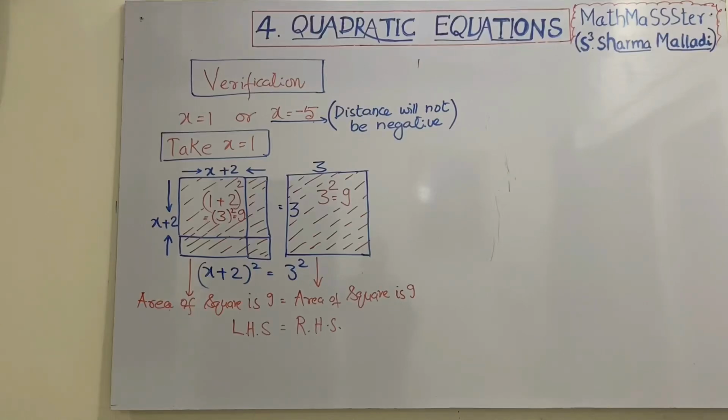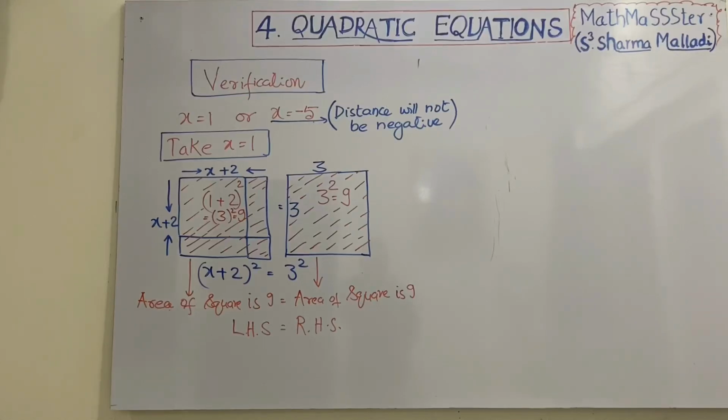In RHS also you see the square, that is side of the square is 3, area of the square is 3 square is equal to 9. Area of this LHS square is 9, and also if you take area of the RHS square, that is also 9, so our answer is true.